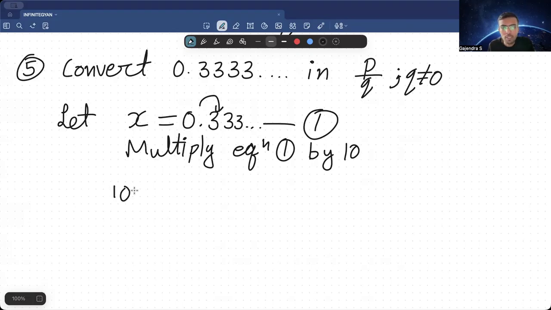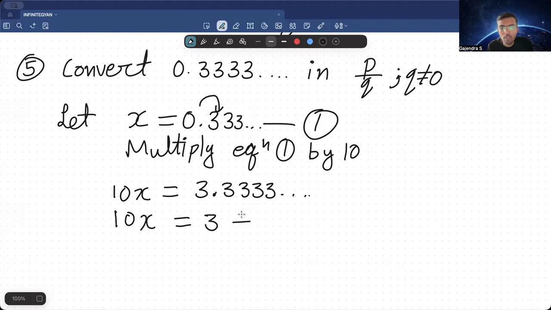So here it will be 10x is equal to 3.3333, it will keep going on, right? Next step, if I write 10x and separate the integer form and the decimal form, then it will be 3 plus 0.3333, dot dot dot, will keep going on.